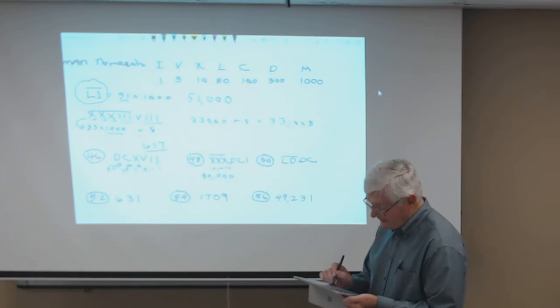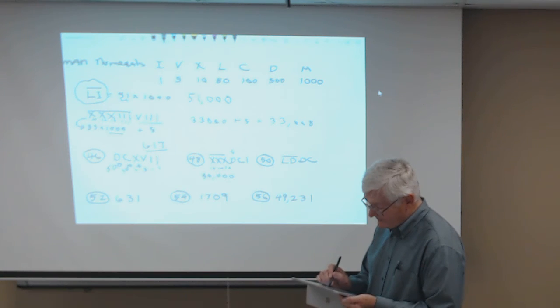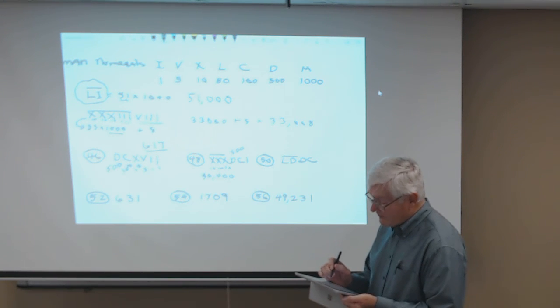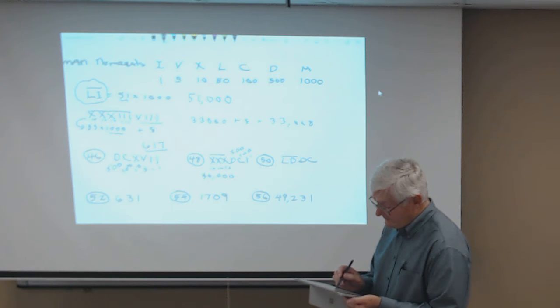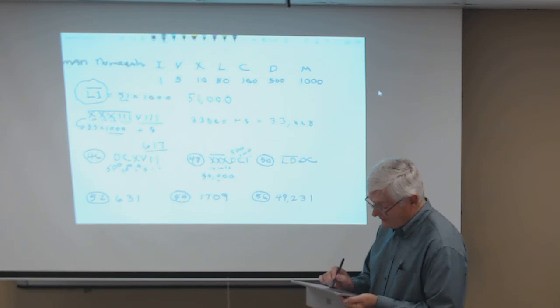D. What's D? 500. What's C? 100. And what's I? So 30,000, maybe put it up here. 30,000 what? 601.